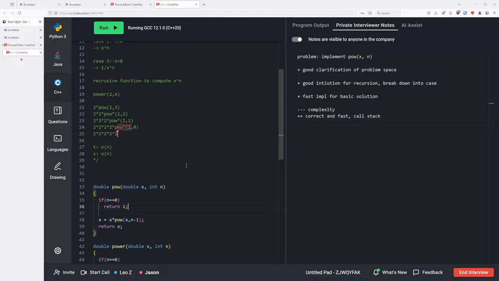I think that instead of decrementing n at every recursive call, we could do something to decrease it by a bigger amount. I'm trying to think of how to express this.